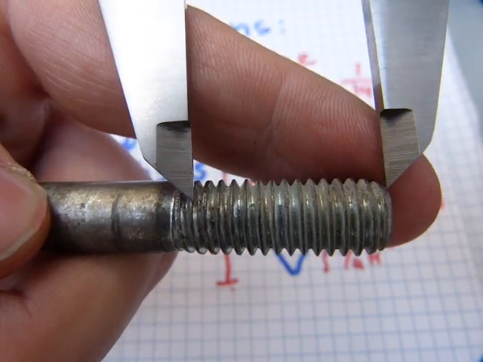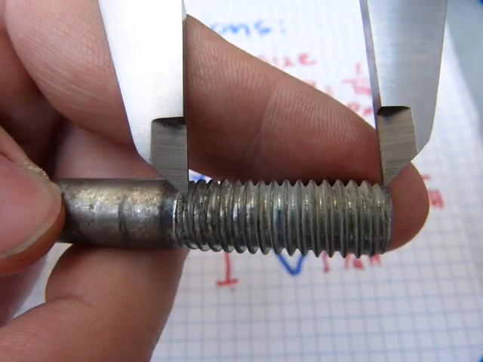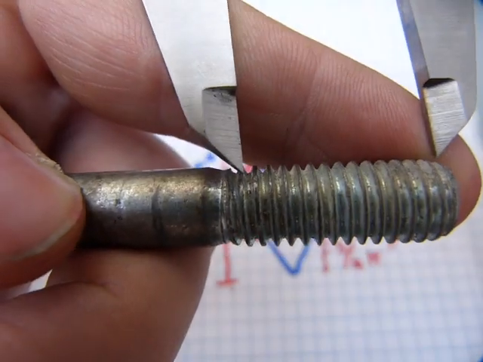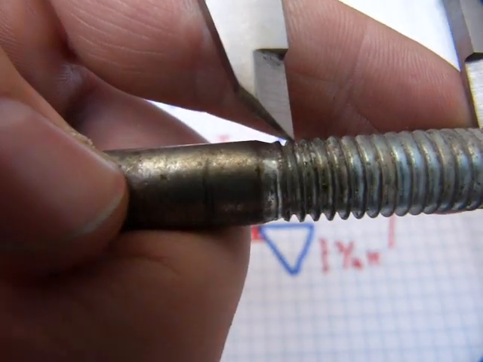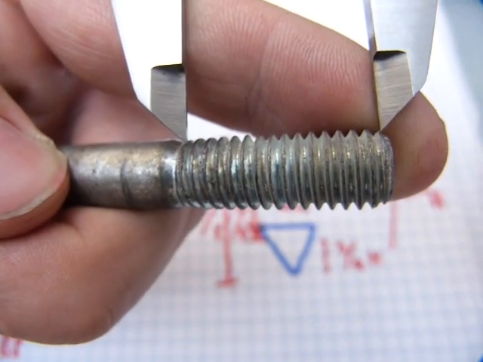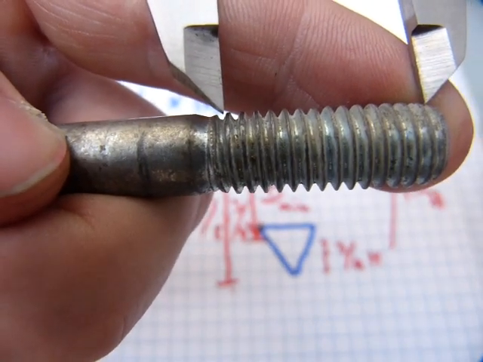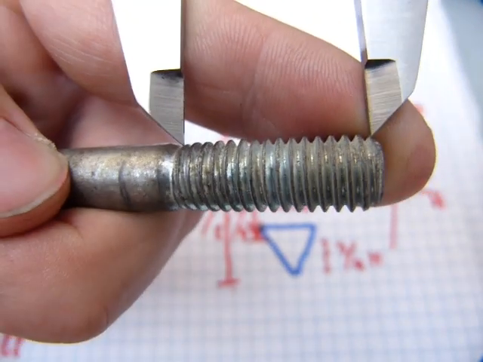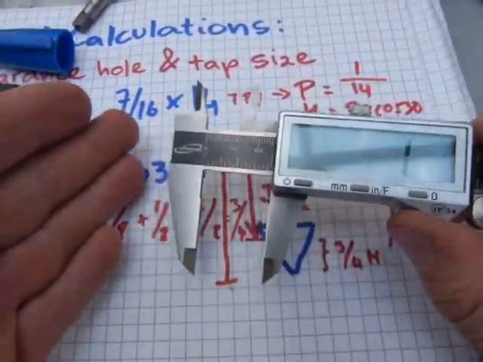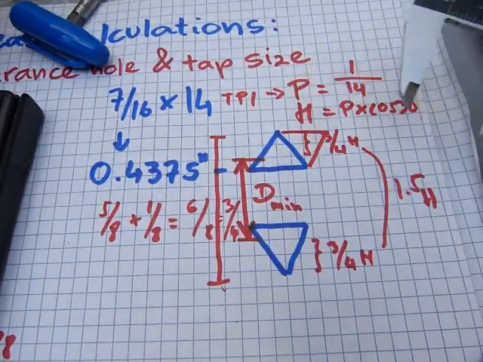The tip of the caliper is on the first full thread, and I'm just rotating it a little so you don't have parallax, because it looks like I'm moving the caliper, but I'm not. You can see 14 full threads on this one. So in 1 inch you have 14 pitches.